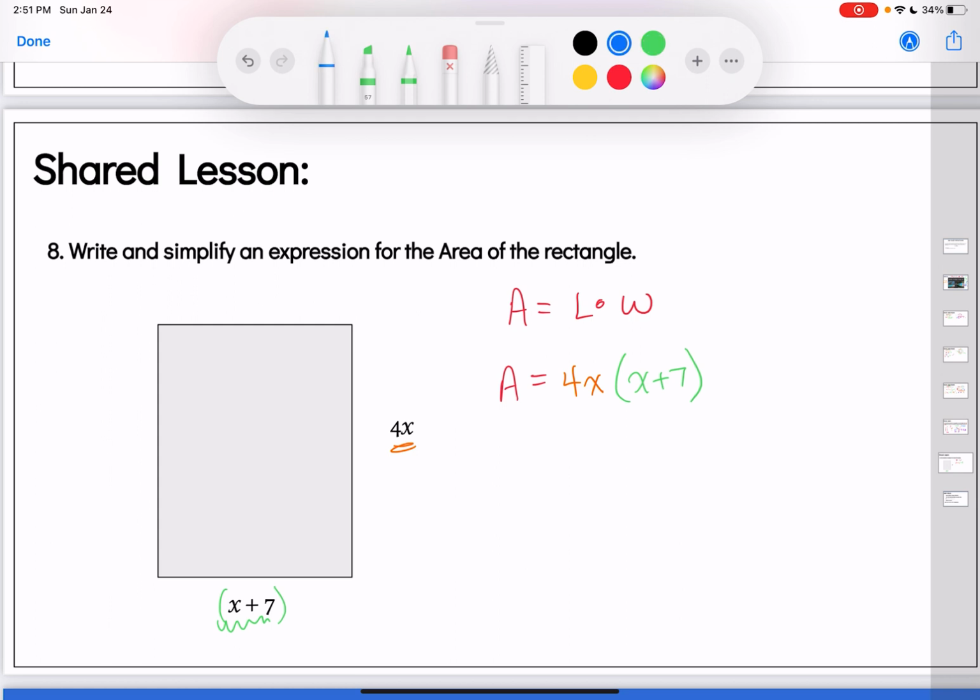You have to. Now this looks exactly like the ones we've been doing before, so here I just have to distribute. So I have area equals 4x squared, right? X to the first times x to the first is x squared. 4x times 7 would be 28x. So make sure you use those parentheses so you distribute that 4x to both parts.